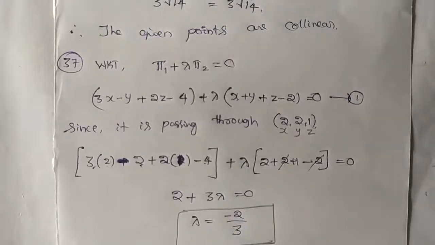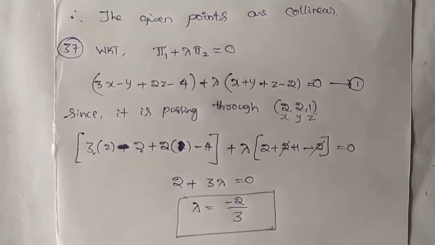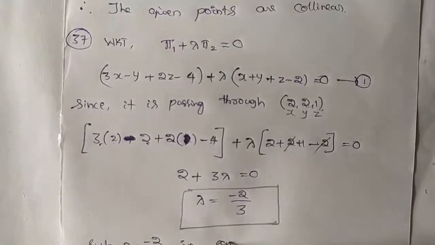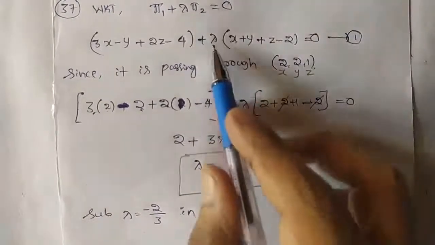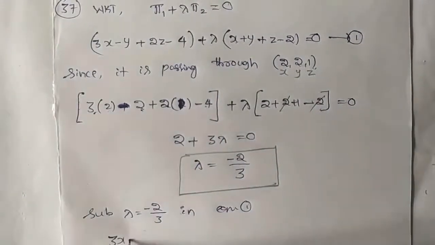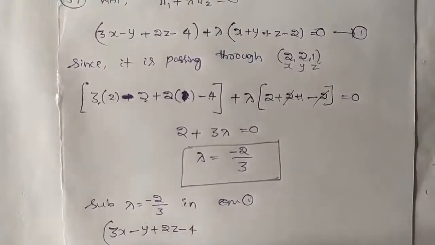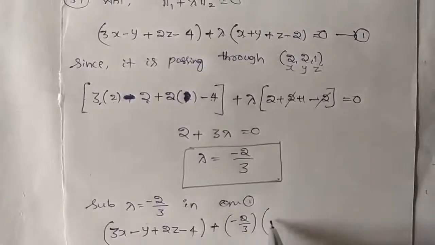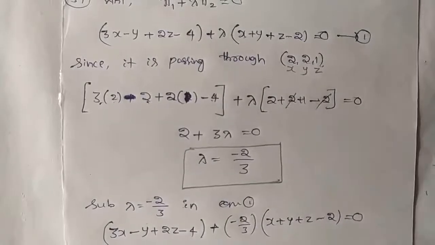Substitute lambda equals minus 2 by 3 in equation number 1. See the equation number 1. Put the lambda value: 3x minus y plus 2z minus 4 plus minus 2 by 3 into x plus y plus z minus 2 equals 0.